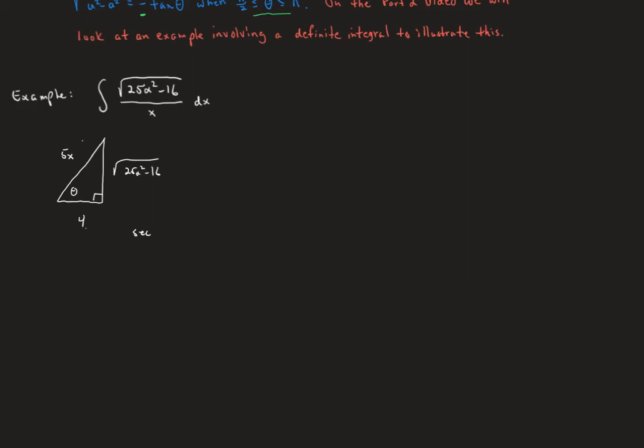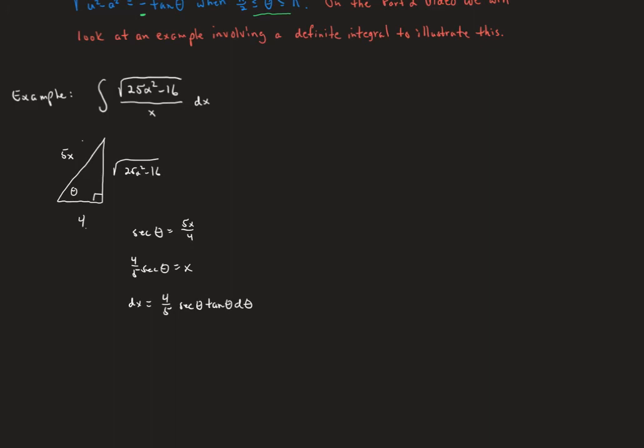So secant of theta is going to be the hypotenuse over the adjacent. And so that means that 4/5 secant theta is going to be our x. And remember, we want this because we need an expression for dx involving theta. So our dx is going to be 4/5, and the derivative of secant theta is secant theta tangent theta, and we'll tack the d theta on there.